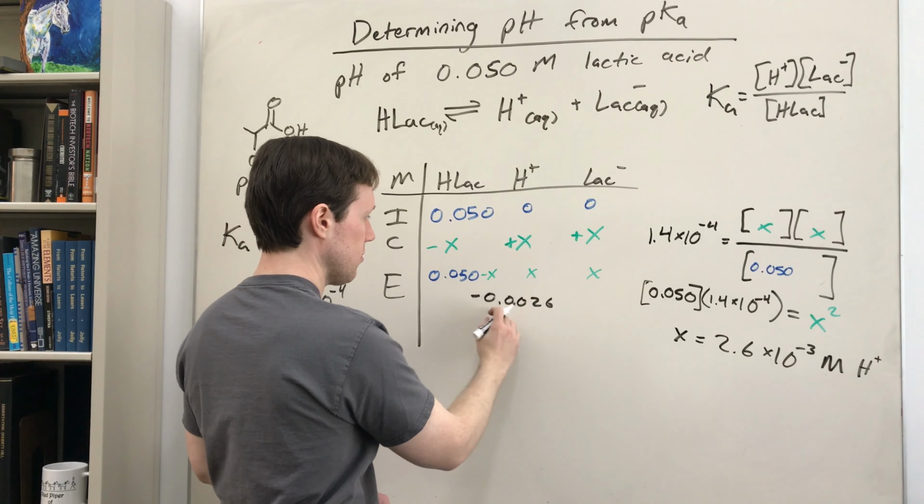That's starting to get close enough that you might want to consider solving this using the quadratic formula. In typical cases, this is going to be an accurate enough answer for most things you need to measure in the lab. Keep in mind, lactic acid is one of the stronger weak acids. So you can see that in most cases, it won't be necessary to do this. And for the moment, we're not going to right away.